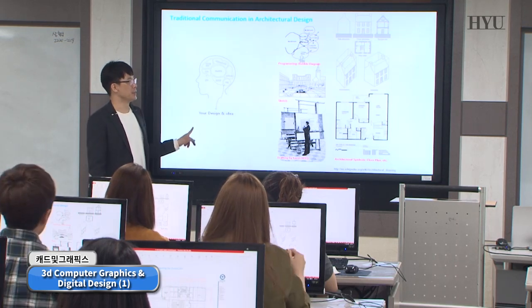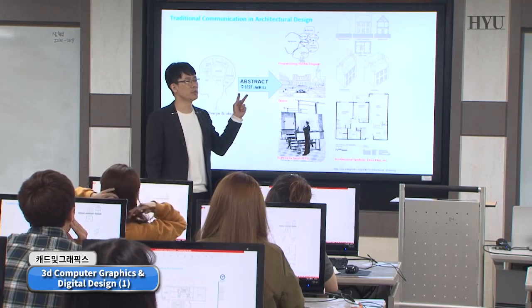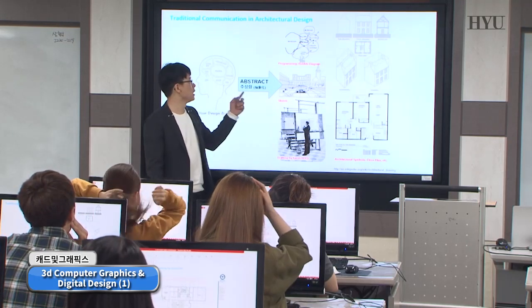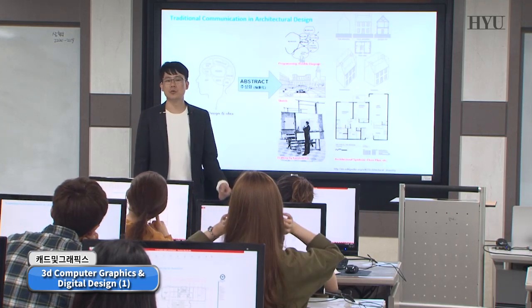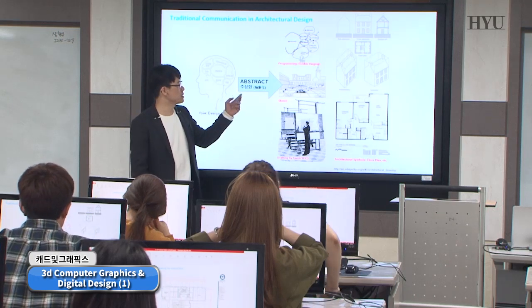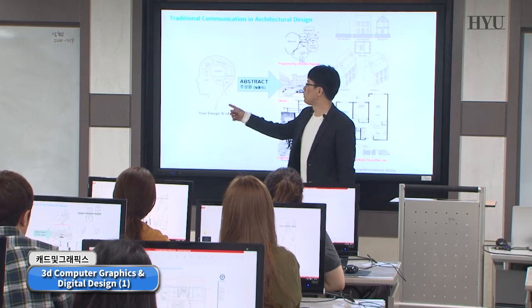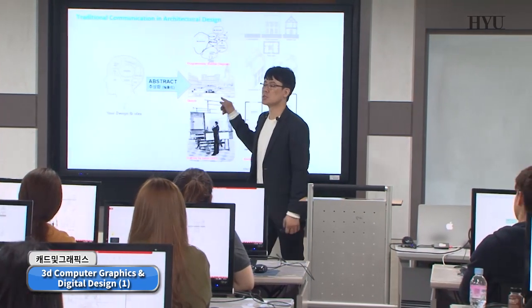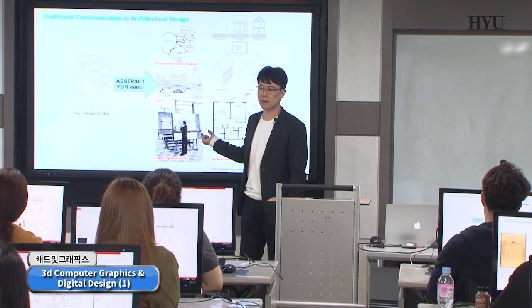You have your idea, and before computational model, what we have done, abstract, okay? You need to build on abstraction. Abstract means build your design into a specific object, specific drawing, specific thing, okay?